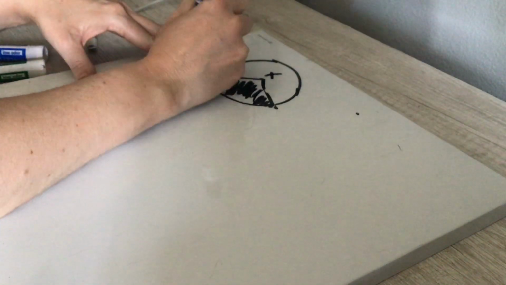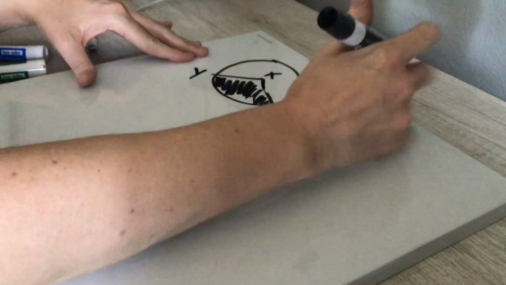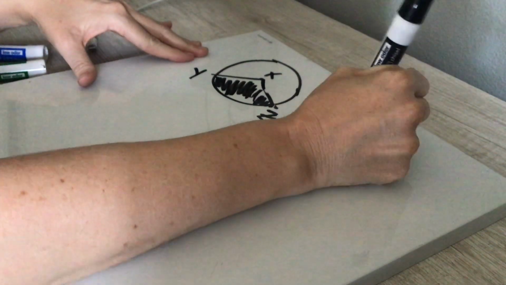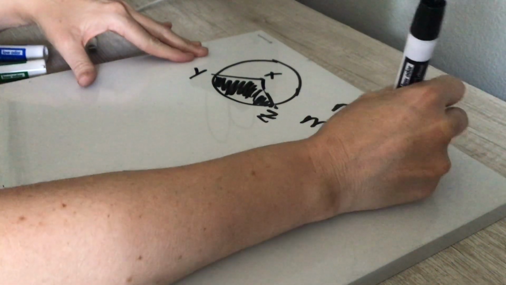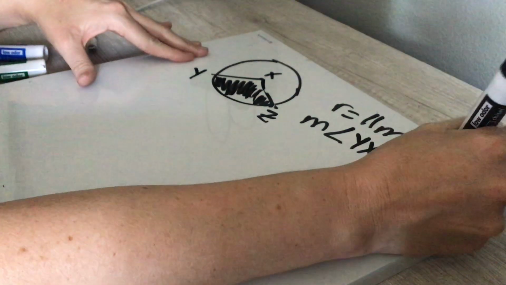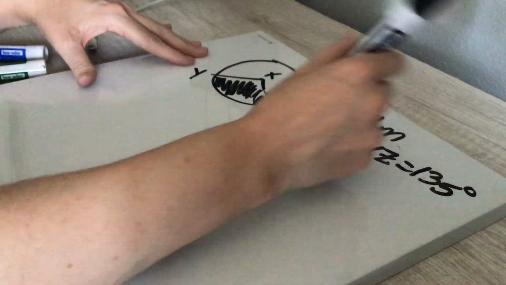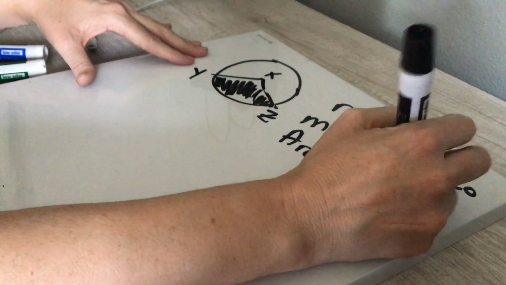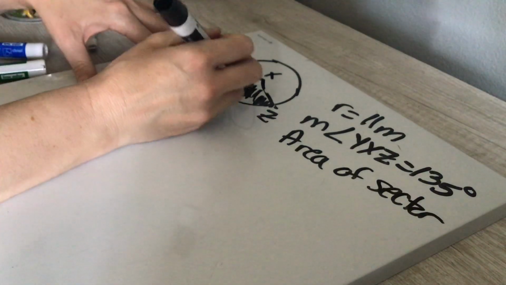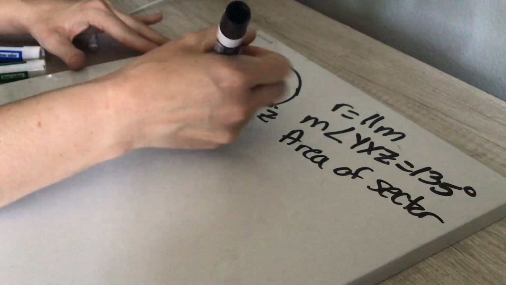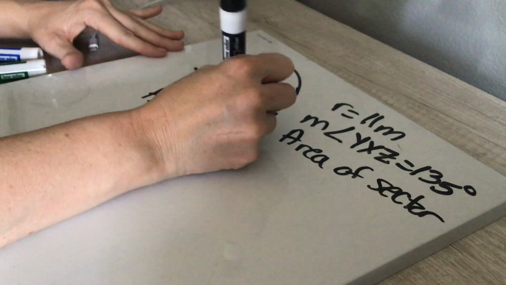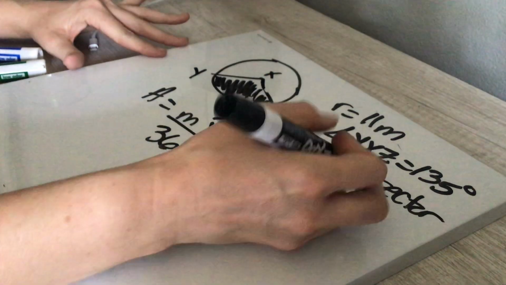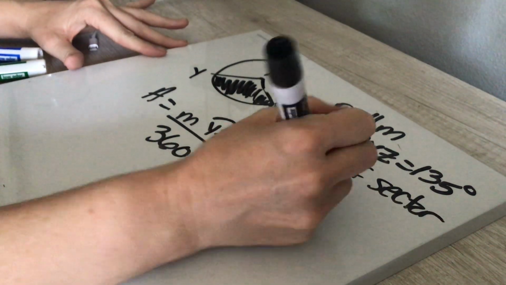Okay, this is Y and Z. So you're told that the radius is 11 meters. The measure of angle YXZ is 135 degrees. You want to find the area of the sector. Okay, so theorem 11.8 tells us that the area of the sector is equal to the measure of the intercepted arc over 360 times the area of the circle, so pi times the radius squared.